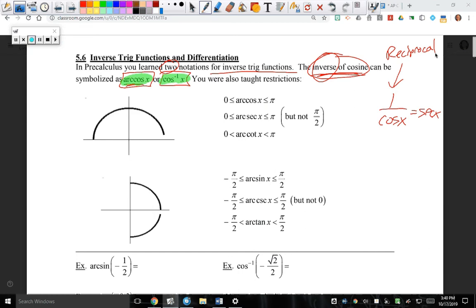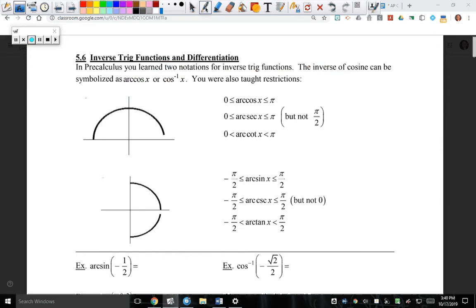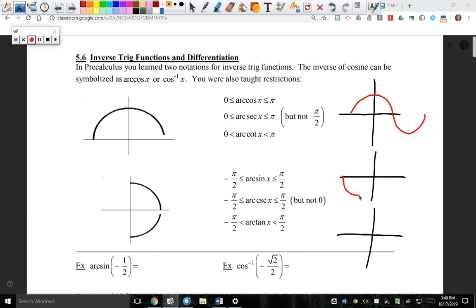Now it's been a minute since we've done these, and the three that I want you to concentrate more on right now, because there's a lot, are the cosine one, the sine, and the tangent.